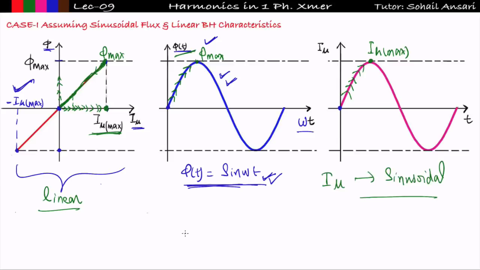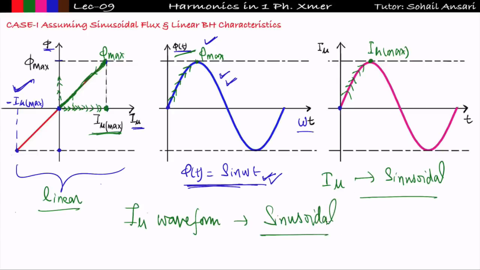This means in a transformer, if sinusoidal flux is obtained and we assume that the BH characteristics are linear, then the magnetizing current I mu waveform will be sinusoidal in nature. There will be no harmonics present in this I mu waveform. Why are harmonics not present?